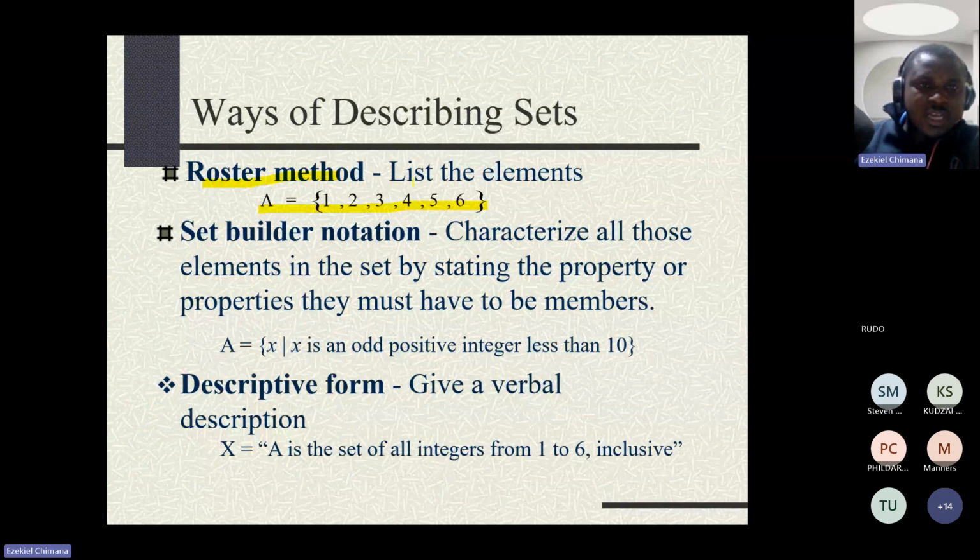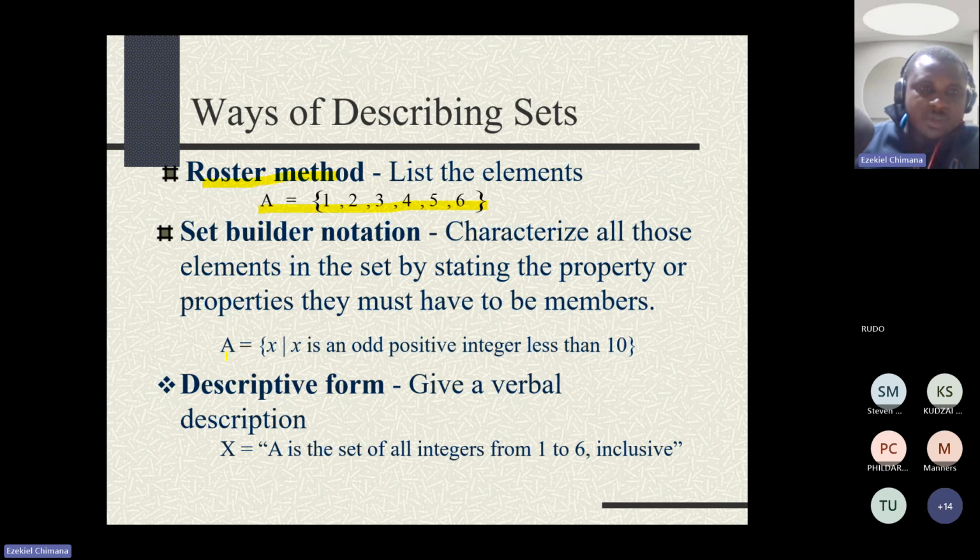So that's what you do if you're using the roster method. And then the set builder notation, where you characterize all those elements in the set by stating the property or properties they must have to be the members of that set.